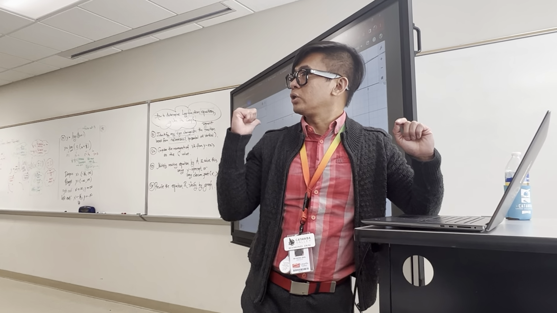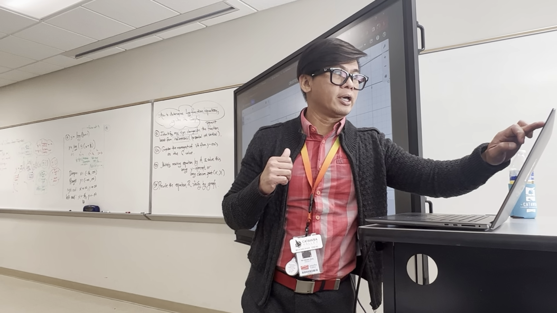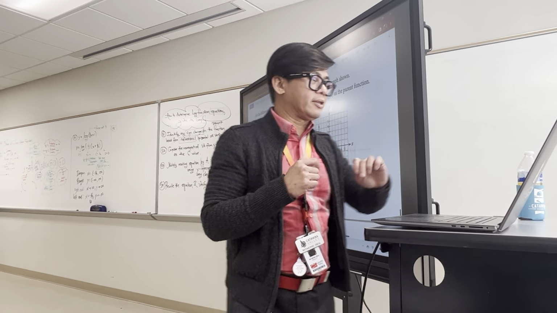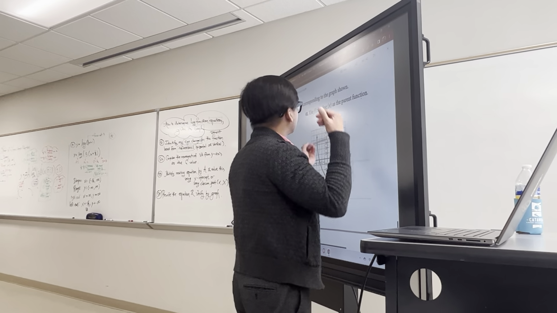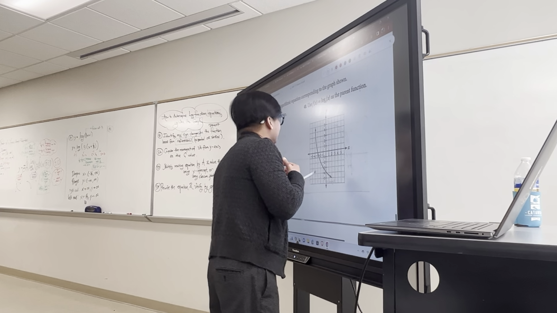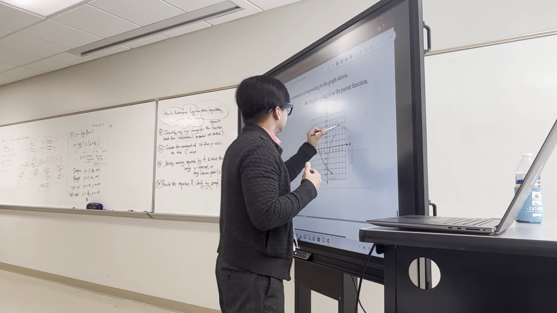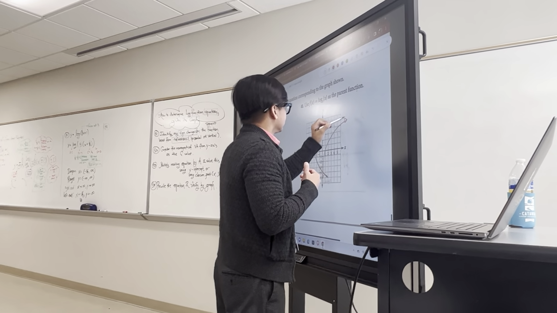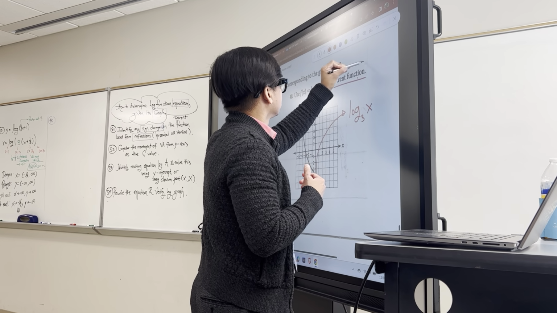Are we good? So that's our parent function, right? Log base 3 of x looks like that, okay? 48, yeah. Comparing that one in here, so once again, this is the log base 3 of x. That's the parent function, okay?